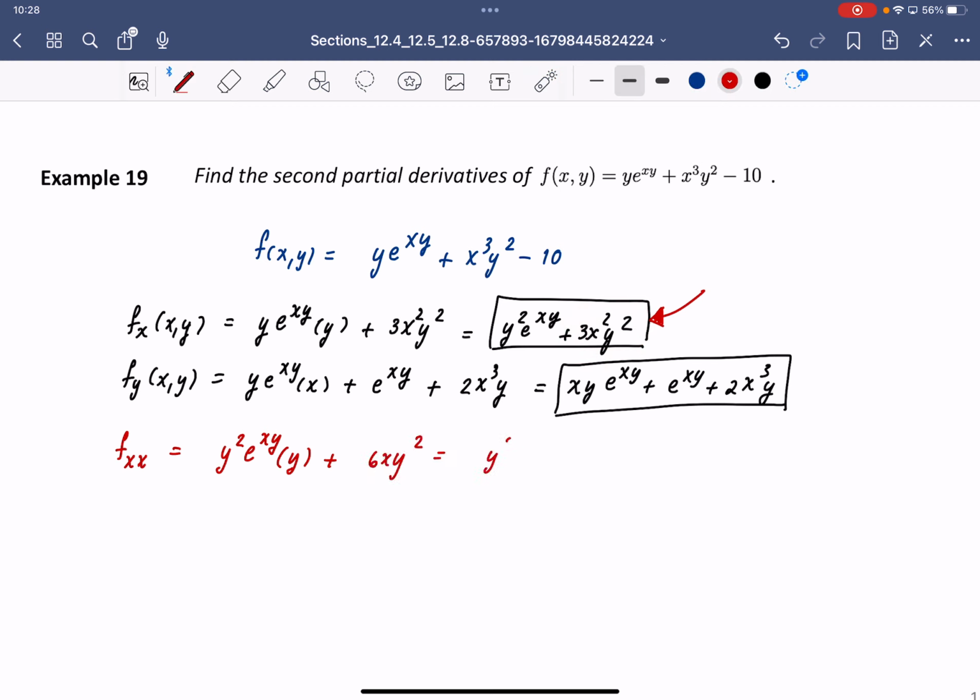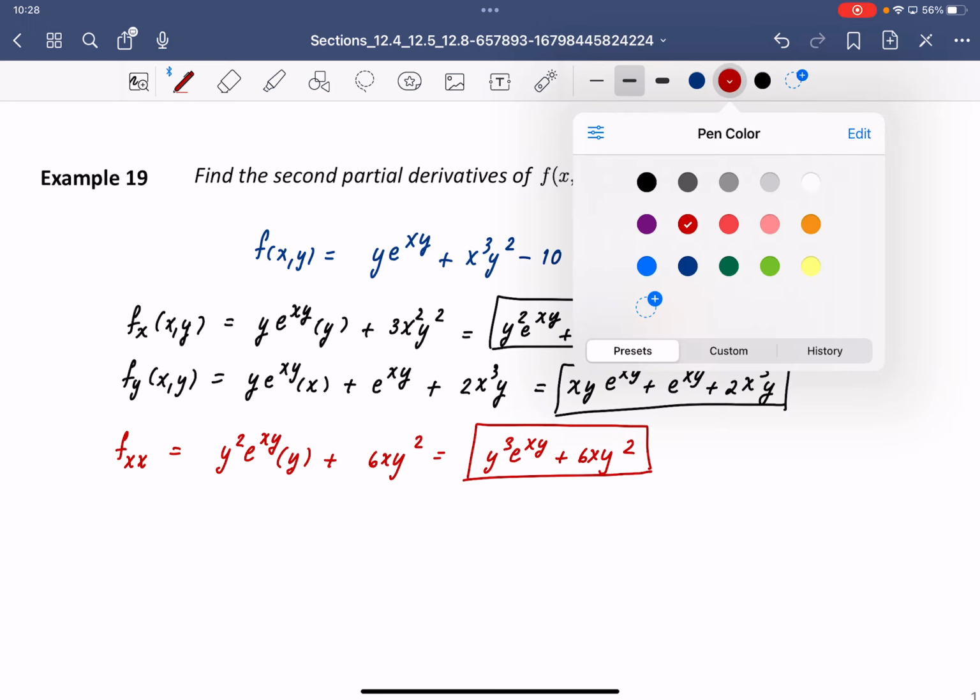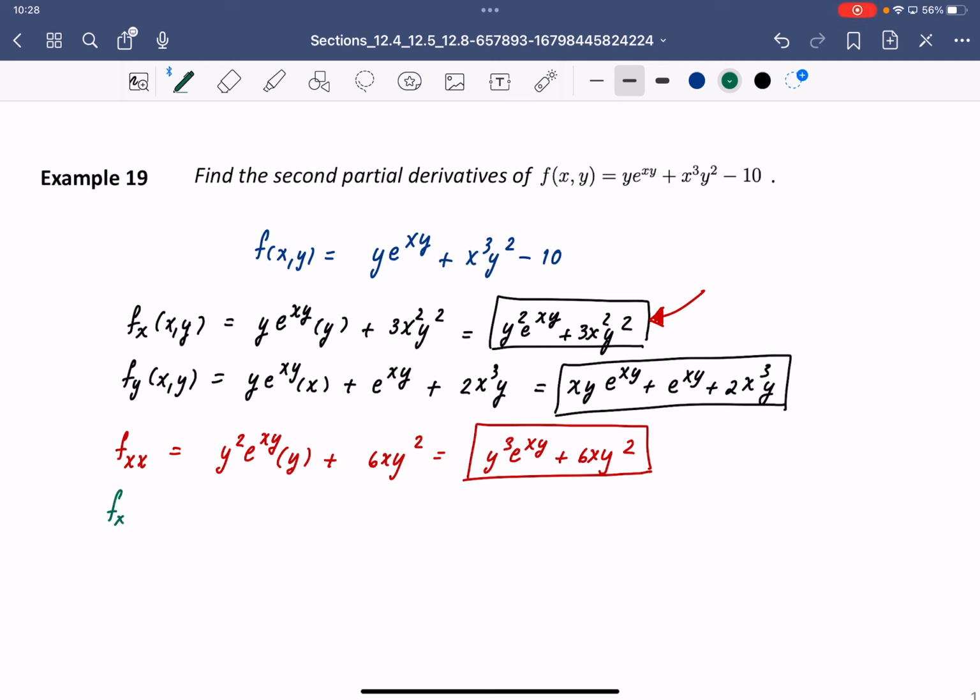So you have y cubed e to the xy plus 6xy squared. Okay, this is actually fxx, and then we're heading to the next one, which is fxy.